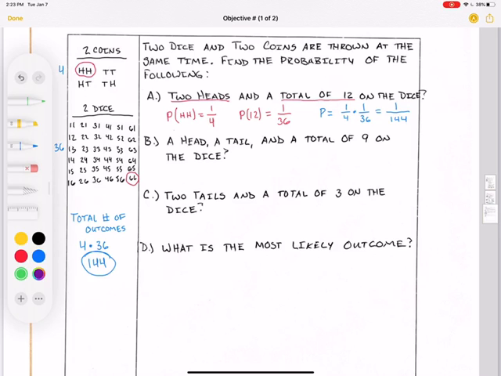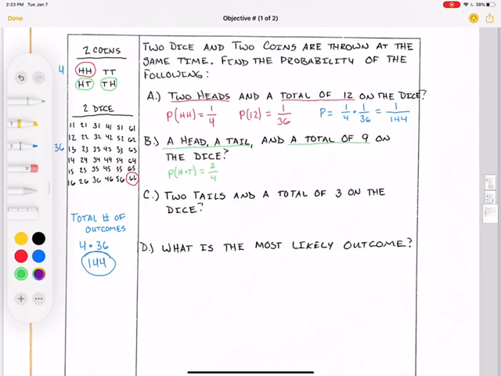Part B. A head, a tail, and a total of 9 on the dice. So we're going to start with the head and the tail. Head and tail, head and tail. There's 2 on the coins. So there's 2 out of the 4 options.